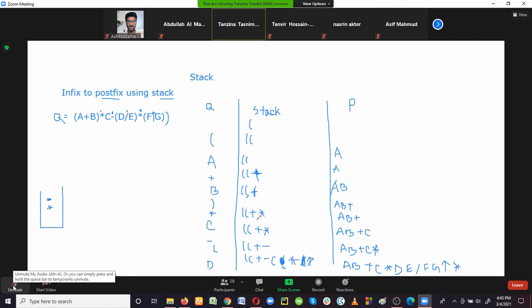Here it's also correct, but from this step we cannot write that plus. Okay, so one operator is still left to remove from this stack. Minus. After that, which operator is going to be placed here? Minus. This is the final step.